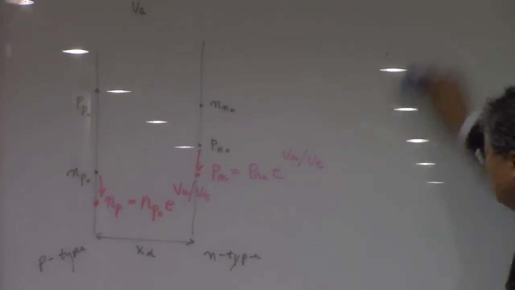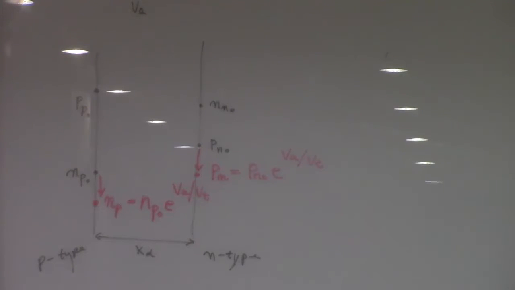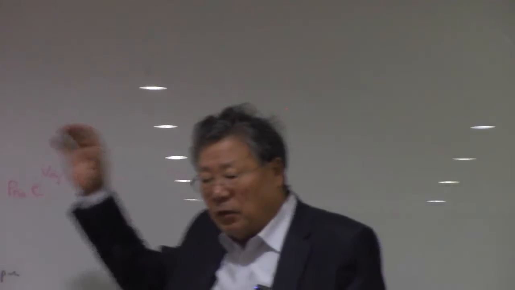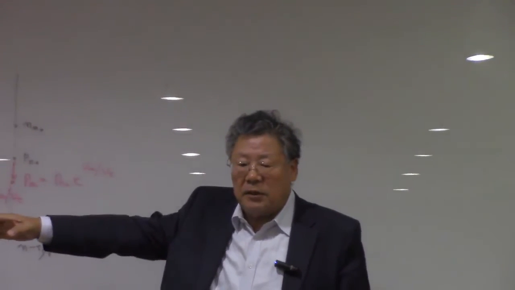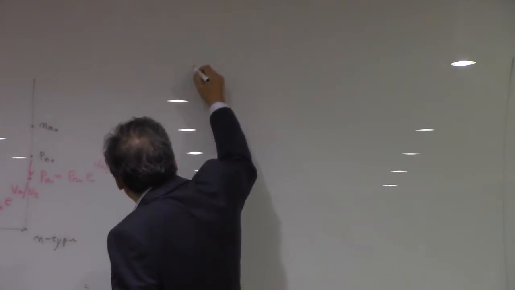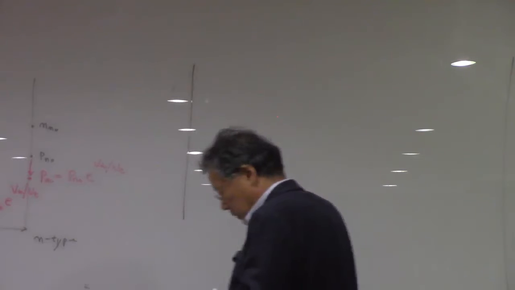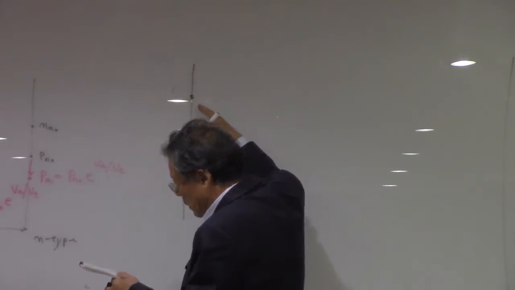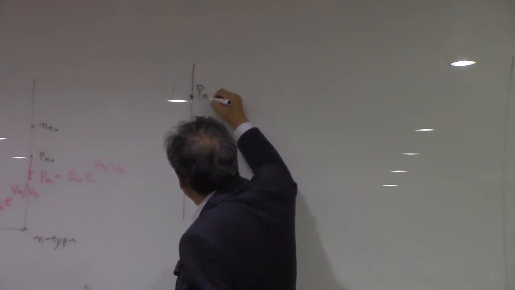We call this injected carriers. I just draw it as decreasing, but in the normal case, you just increase the minority carriers, which have been injected from the majority carrier on the opposite side of the junction. So at the depletion interface front, you have new values of Pn.